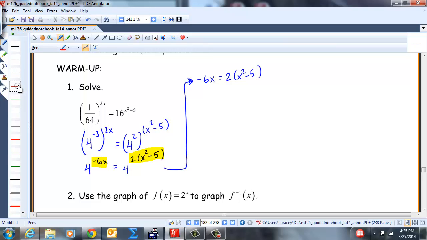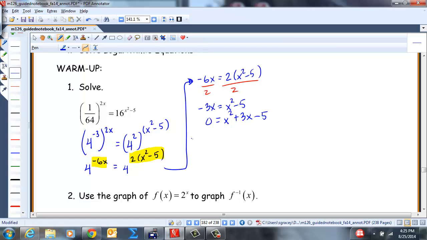If I divide out a 2 on both sides, I'll have negative 3x is equal to x squared minus 5. Getting 0 on one side, we'll have x squared plus 3x minus 5.